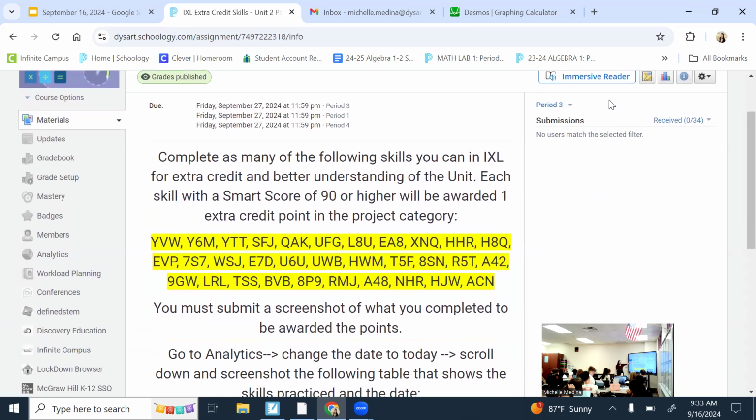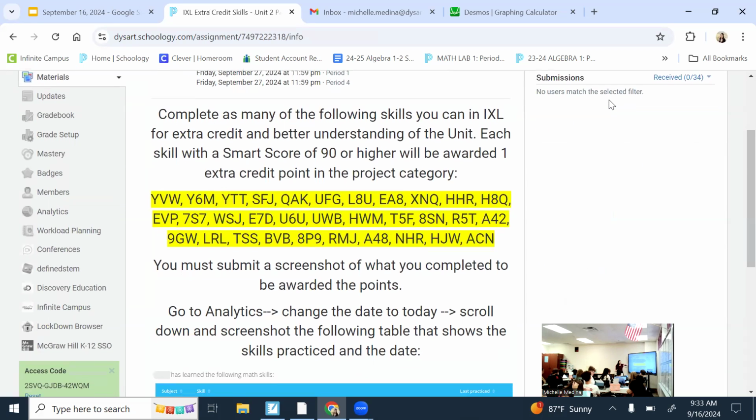You know that it'll teach you how to do the problems as you go. So I pulled some skills from this unit. And you don't have to do all of them, you don't have to do any of them. But for each one that you do and get a SMART score of 90 or higher, I'll give you an extra credit point in the project category. So that's different from the homework category.